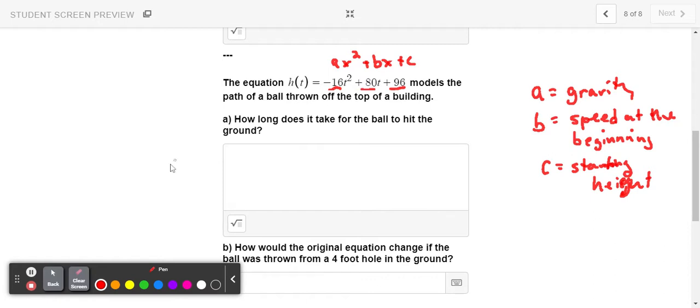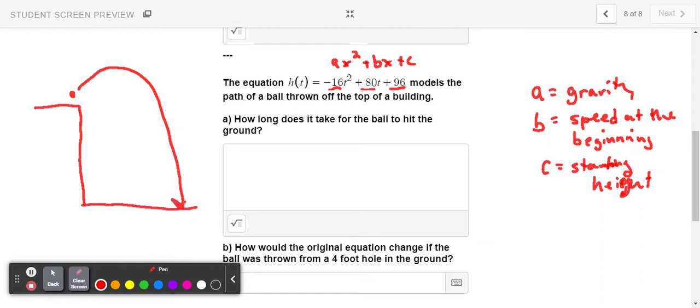The question, letter A, asks you, how long does it take for the ball to hit the ground? So where would that occur? Well, as we've said before, let's just sketch this out here. You have this really tall building up here. The ball gets launched in the air and then it comes down and lands on the ground. So how long does it take to hit the ground? Well, that's going to be the time from here to here, right? Time. And as you can see, that is represented by the x values or the t values.